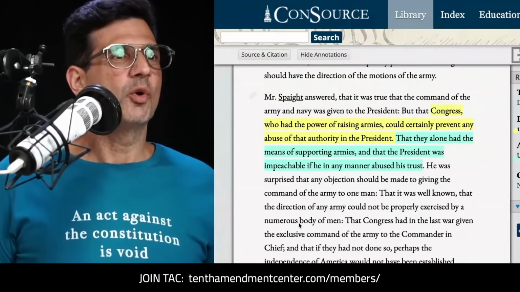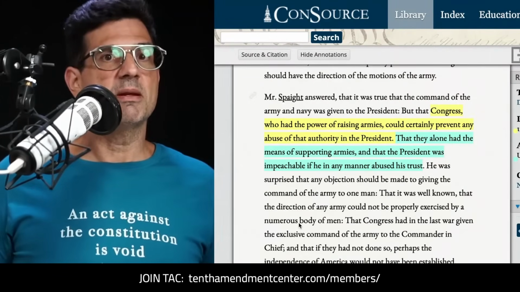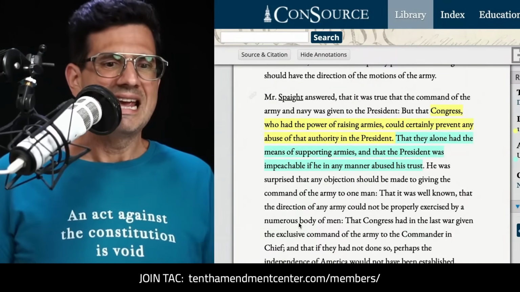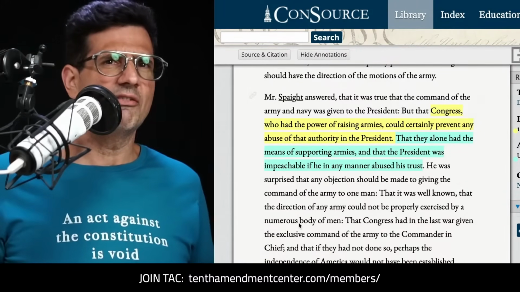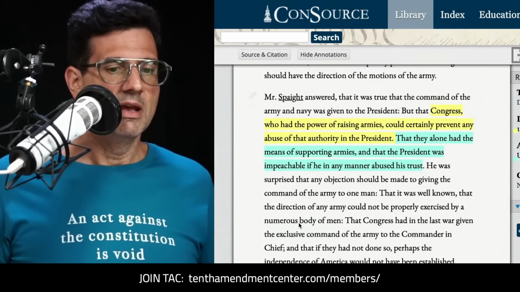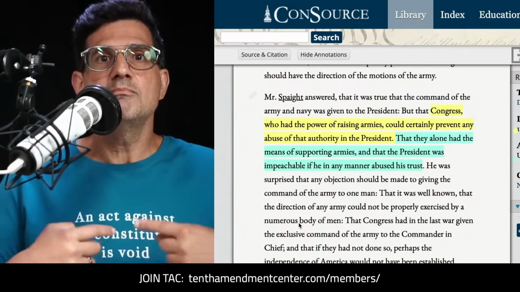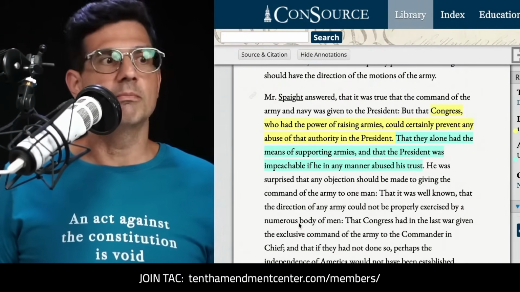Anyways, back to it. North Carolina ratifying debates. A number of people talked about this. For example, Richard Spaight, who was a signer of the Constitution, and I think he was later a governor in North Carolina. I'm not 100% sure. But he even suggested that just the misuse of the military could qualify for impeachment.